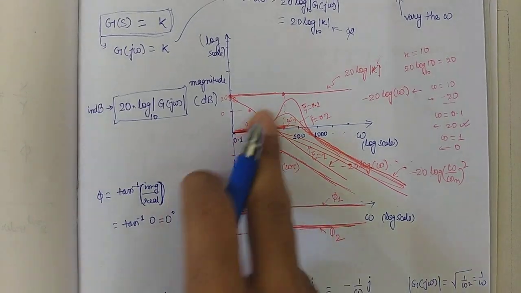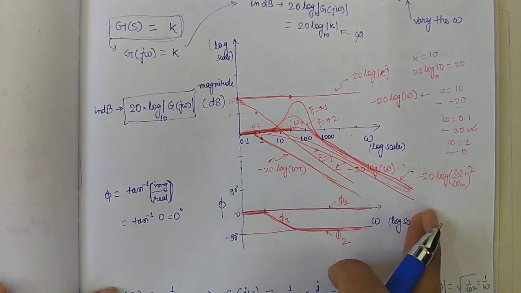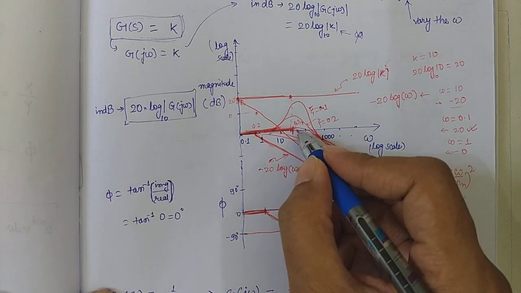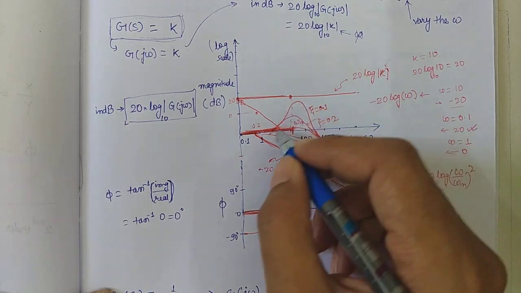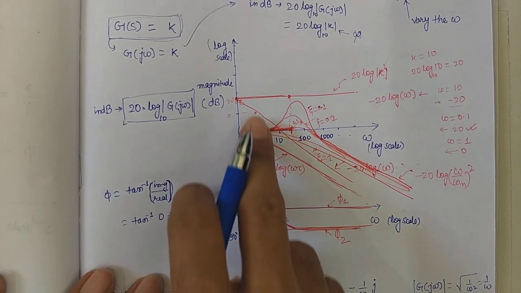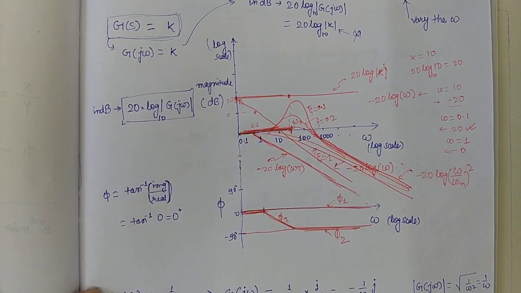This is how a typical second order system would look like. And at omega equal to omega n you will have resonance, you will have a higher peak.